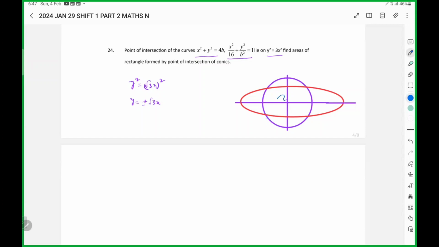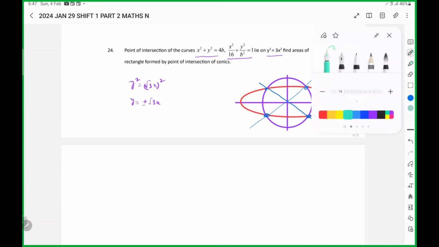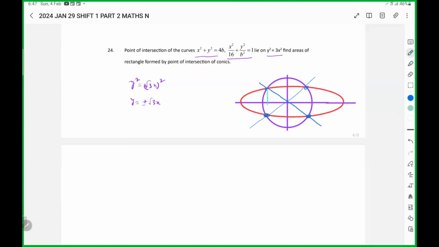So one line. All curves must intersect. Those points form a quadrilateral. He is asking for that quadrilateral area.